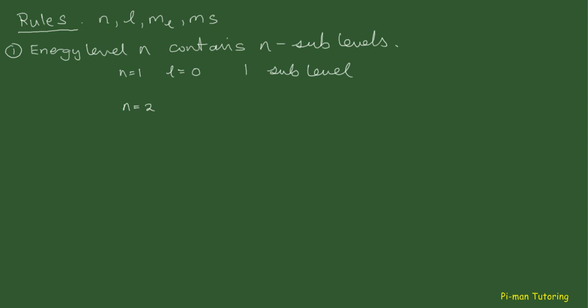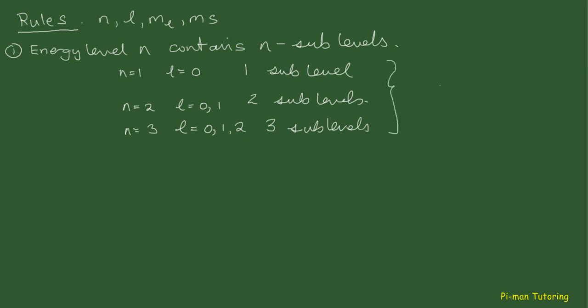When N is equal to 2, we say that L can be 0 or 1. And so we have 2 sublevels. When n is equal to 3, L is equal to 0, 1 or 2, so we have 3 sublevels. And remember, here when we're talking about sublevels, we're talking about sub-energy levels.